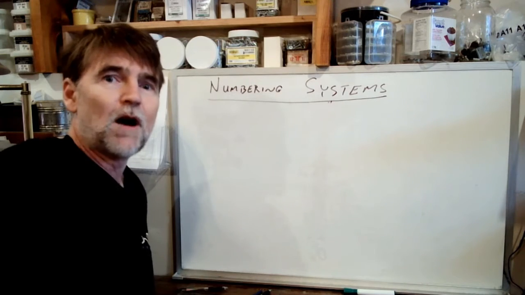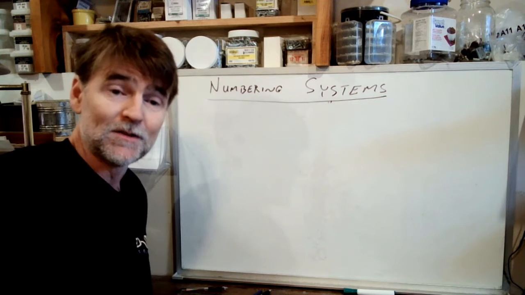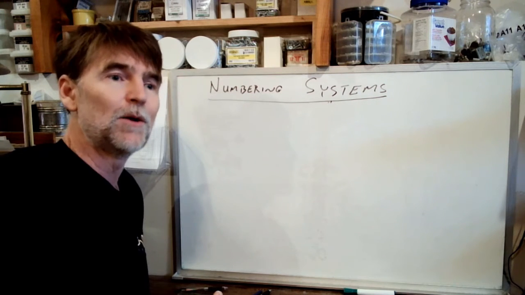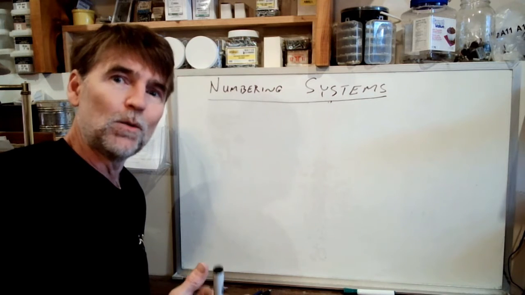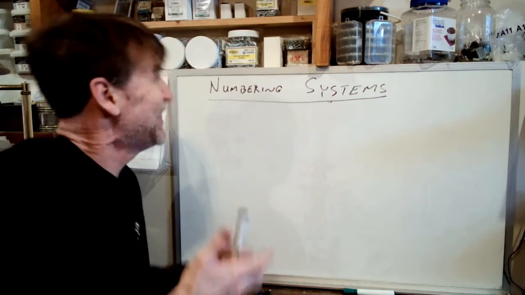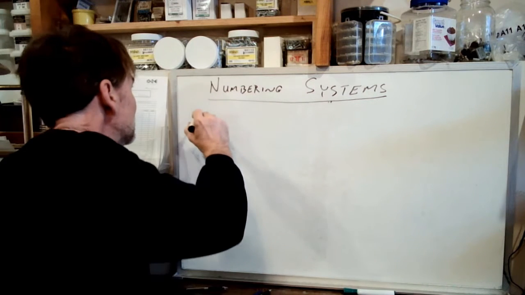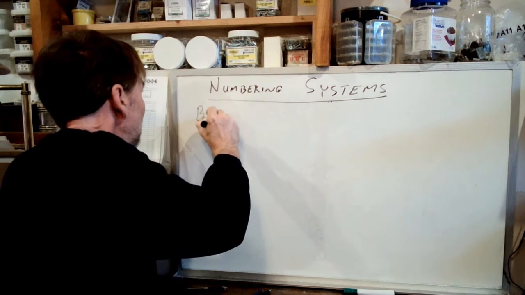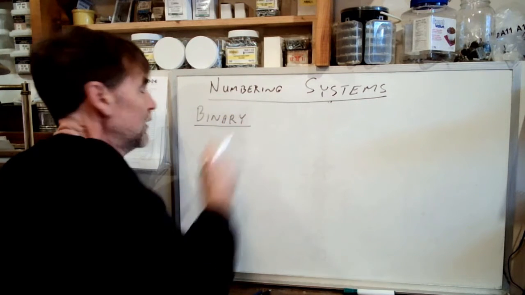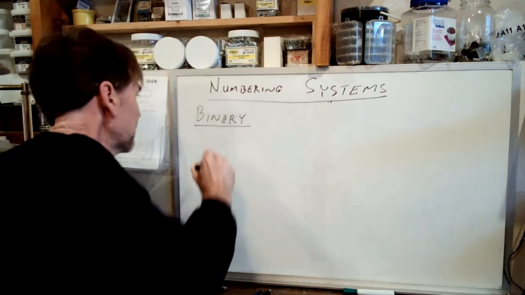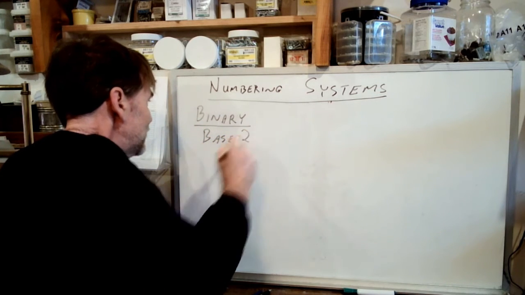So if we're having this conversation to understand how a computer thinks and how a computer keeps track of things, then we need to talk about the one and only language, the one and only numbering system, the one and only thing that a computer understands. Anybody know what that is? The binary system. Binary system is referred to as base 2.